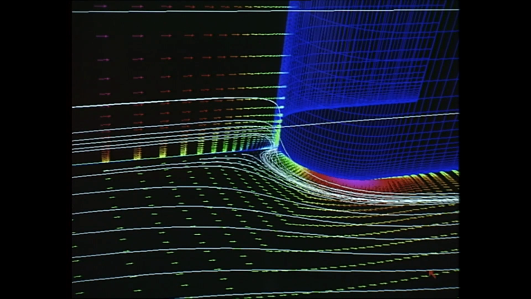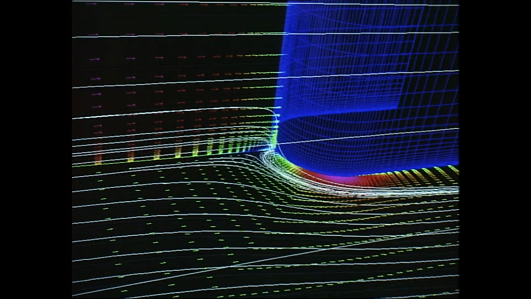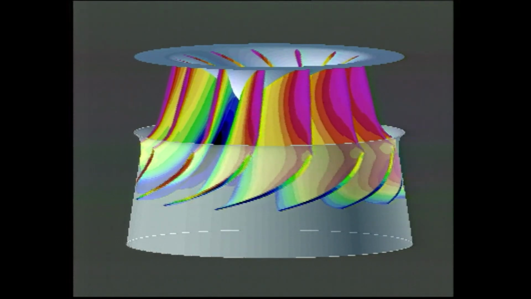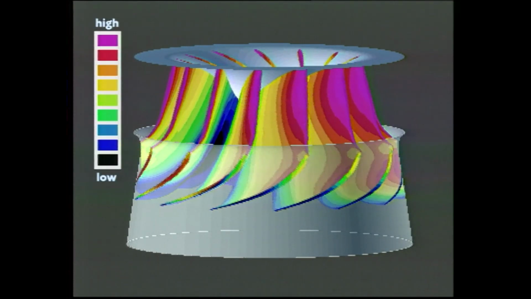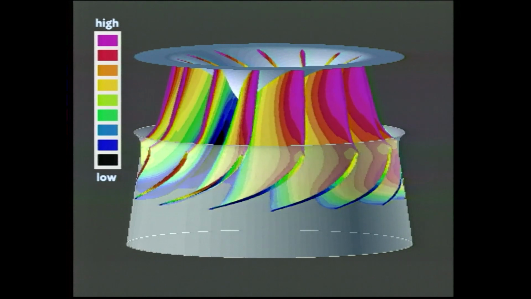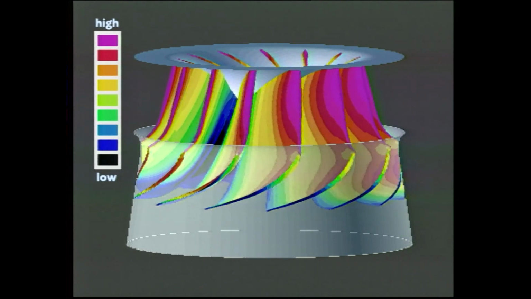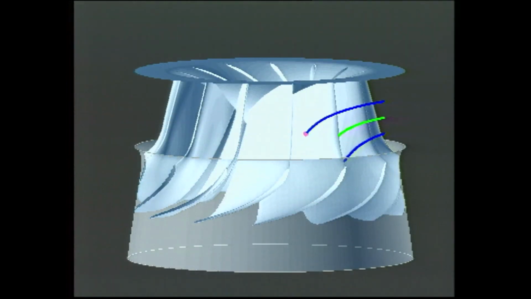Modern numerical methods for flow computation are used to determine the velocity and pressure distribution in the flow passage. A knowledge of the flow field also allows the insertion of virtual sand grains to track their path past the turbine.